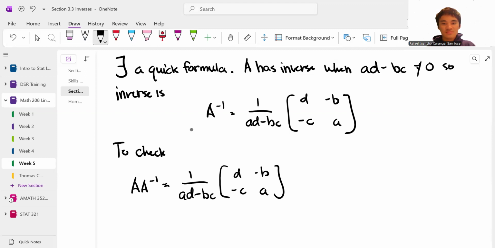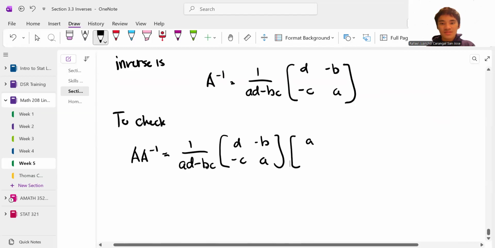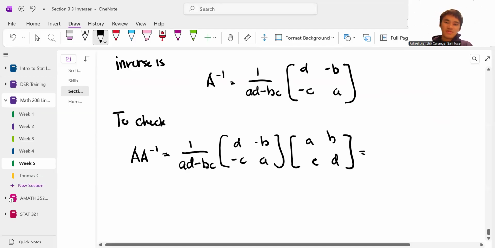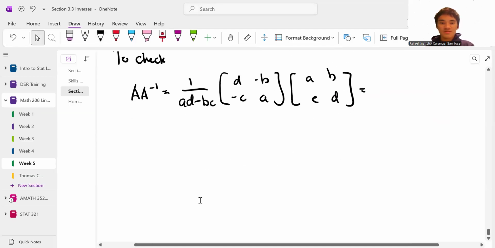So we multiply by A, B, C, D. I would multiply the two matrices first.